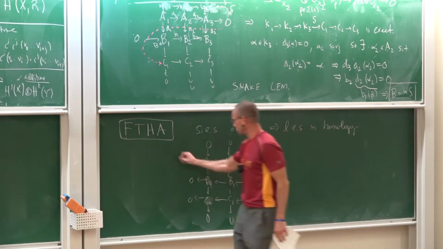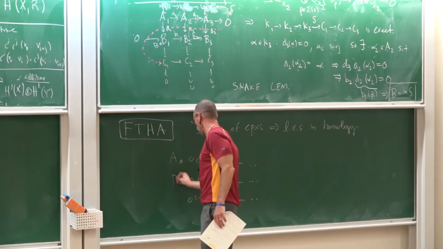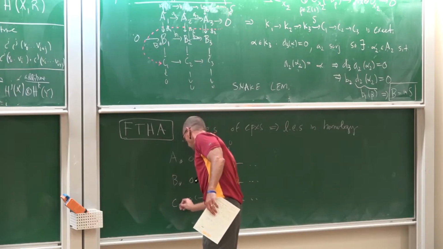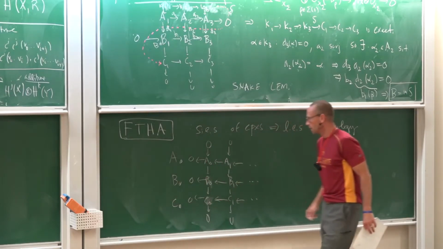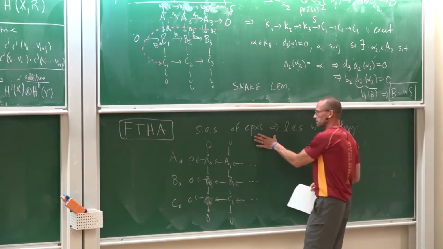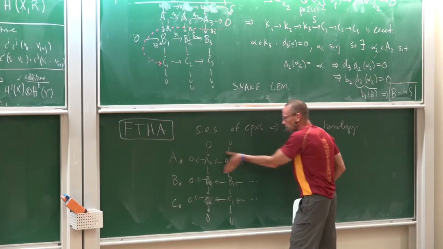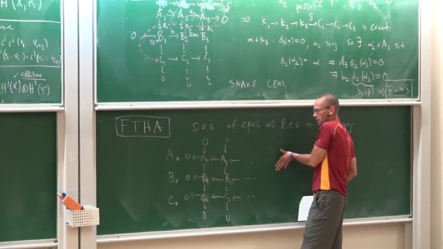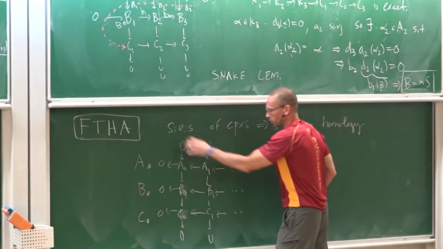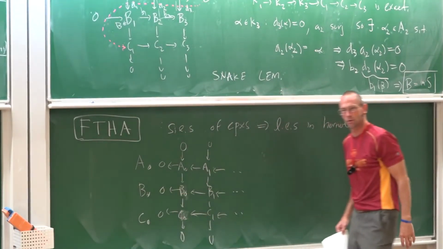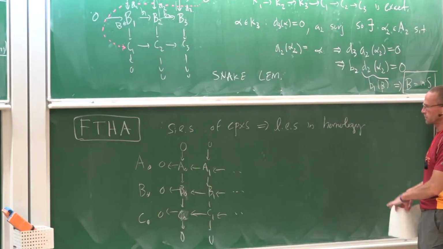And we'll write this as A bullet, B bullet, and C bullet. You guys are all with me on this, right? So to say it's a short exact sequence of complexes, these are complexes, so there's homology in the rows, but the columns are exact, right?